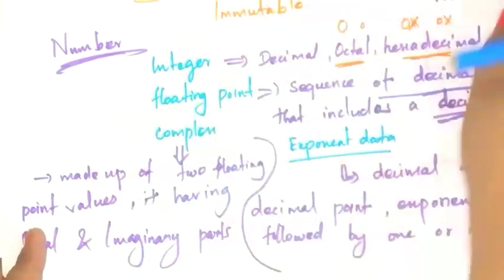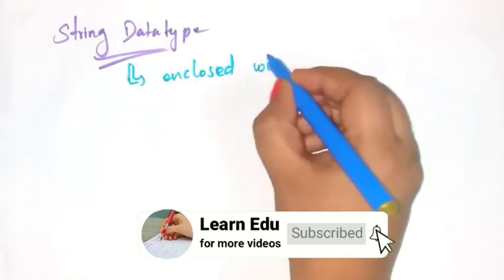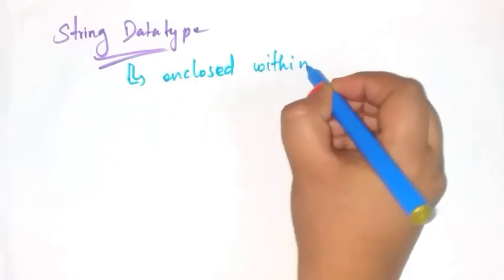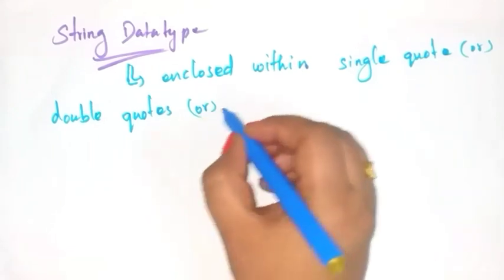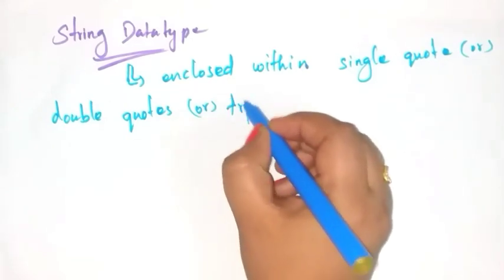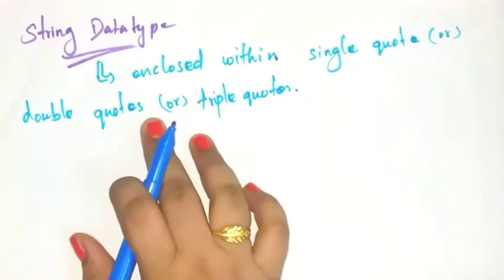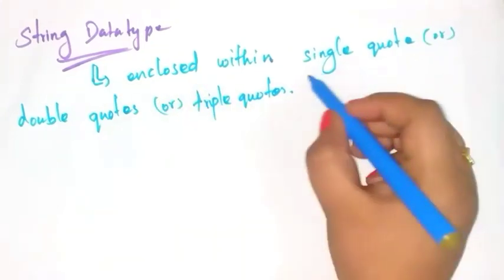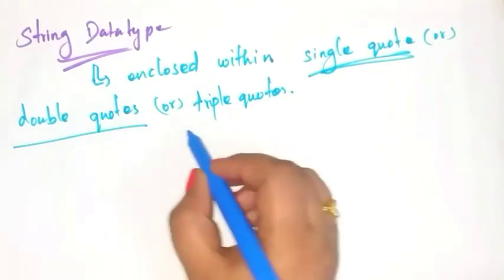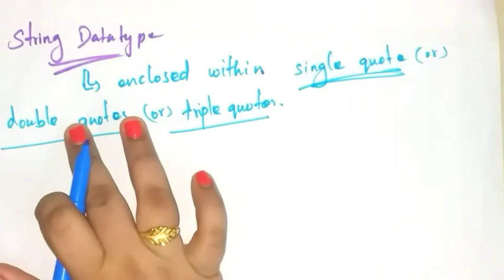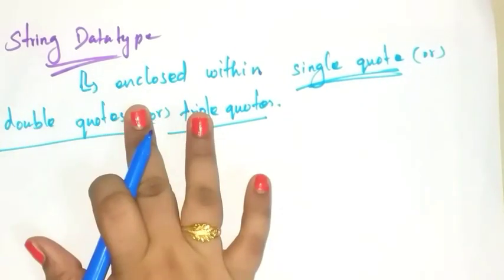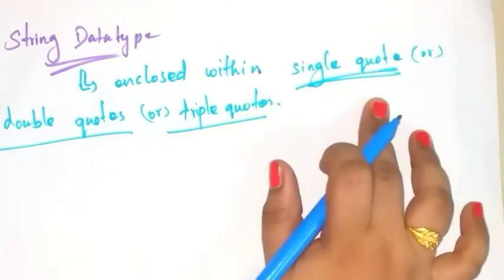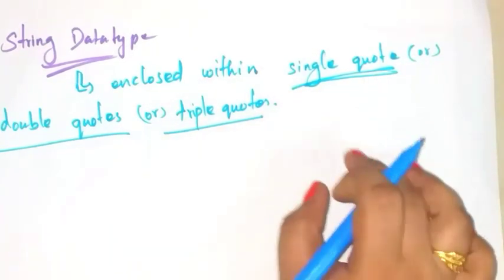Next, let us see the string data type. What do you mean by string data type? String data can be enclosed within single quotes or double quotes or triple quotes. This is nothing but a sequence of characters enclosed within single quotes or double quotes or triple quotes.